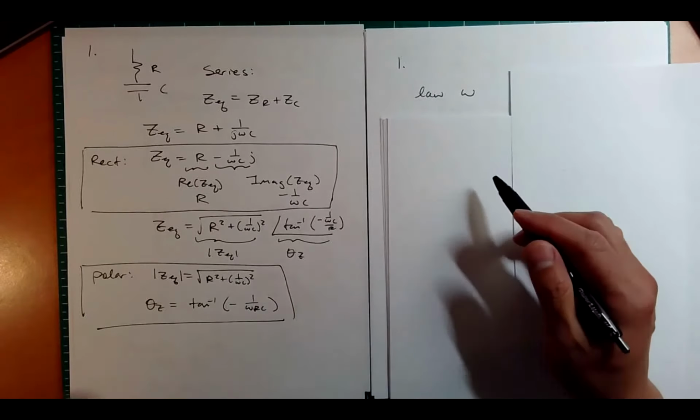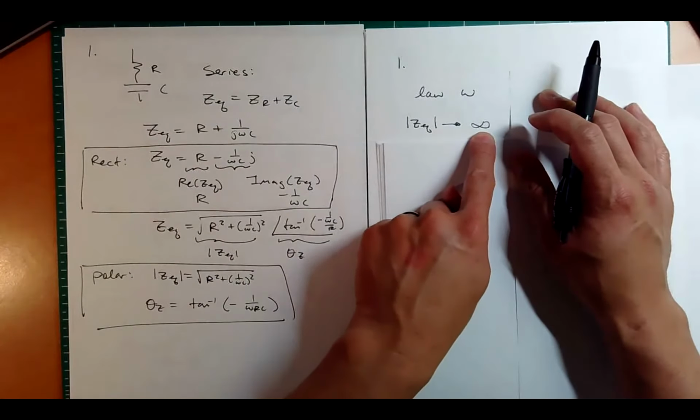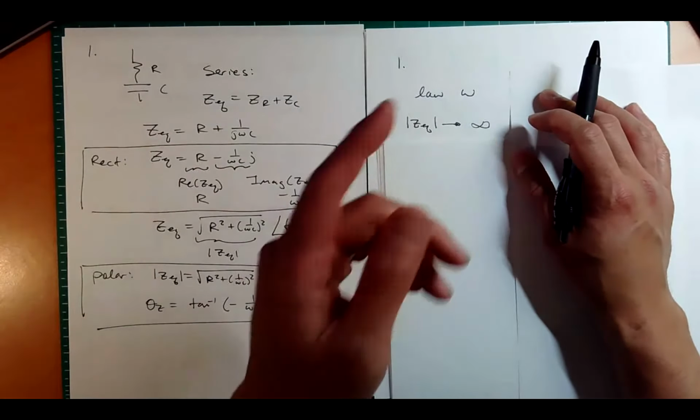So that means the capacitor is much more dominant at low frequency. And an open circuit means the impedance is going to go to infinity. Now, is that true from the math? Can we see that we get a correlation between the math and our intuition? Well, as omega slows down, what happens? This small number here actually blows up because it's in the denominator. And sure enough, this whole thing goes towards infinity.